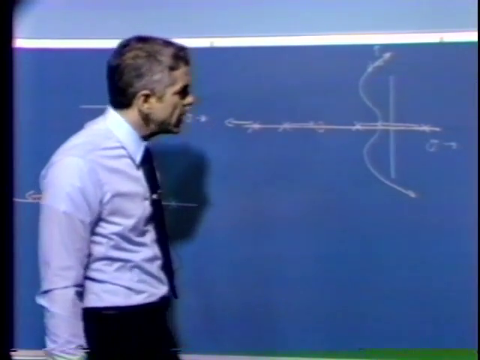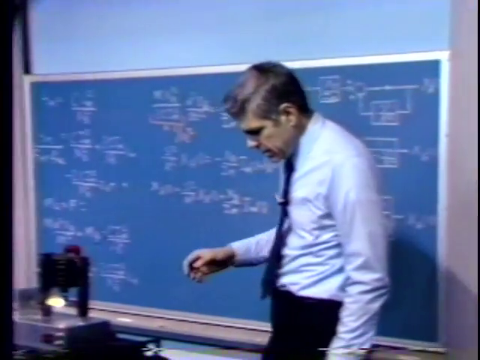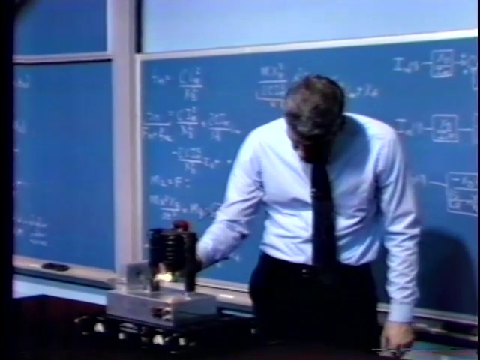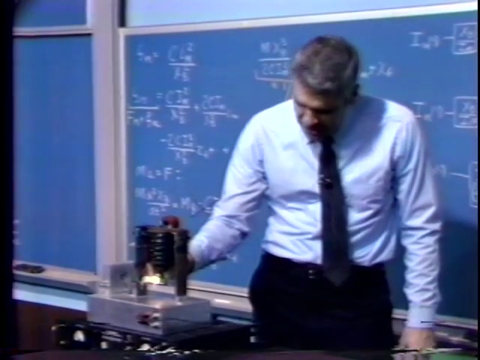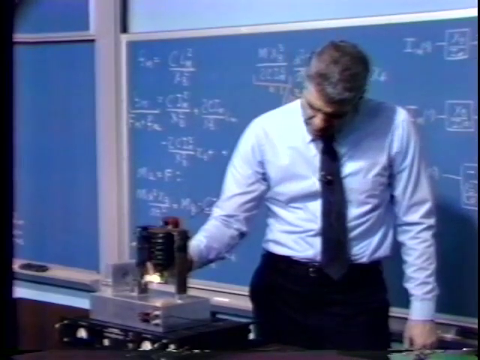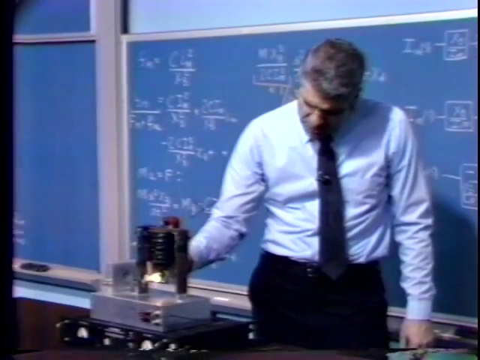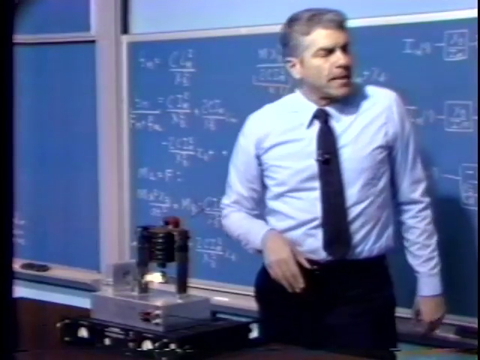Another possibility is that as we hold the ball in the magnetic field and begin to loosen up on it a little bit, effectively we provide additional damping to the system. As we begin to loosen up, the ball begins to vibrate, begins to jump.